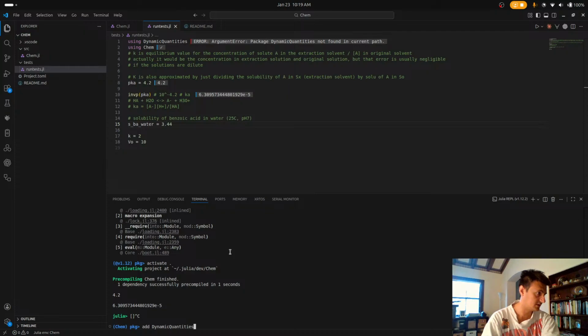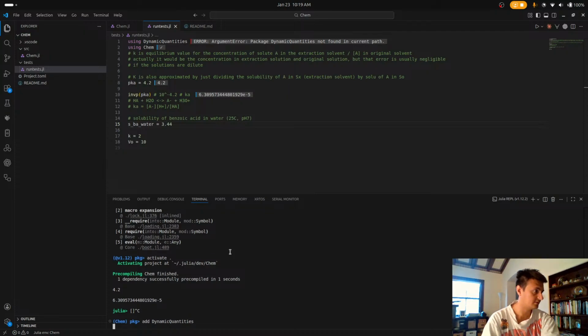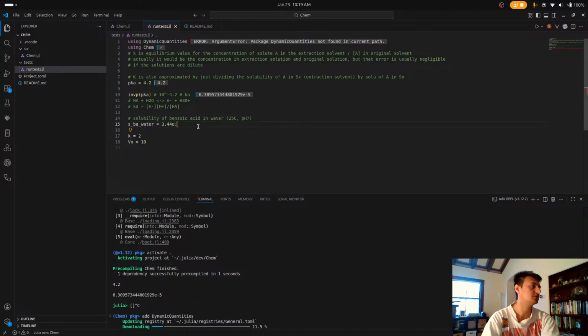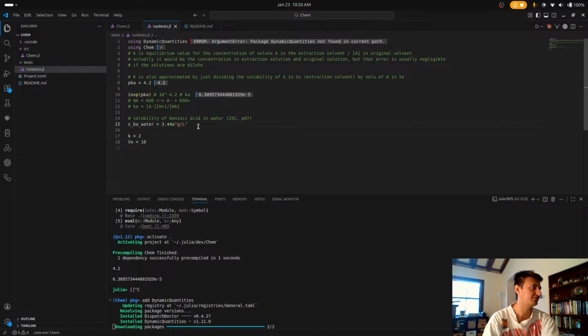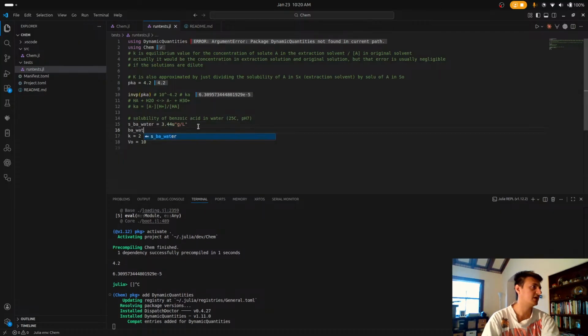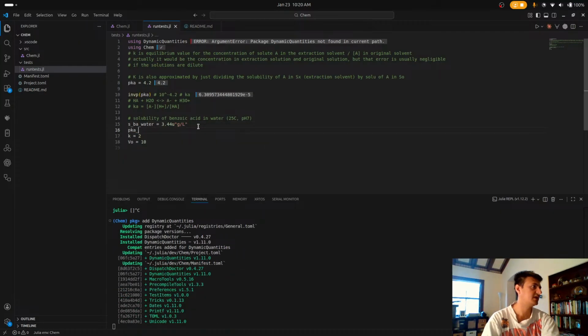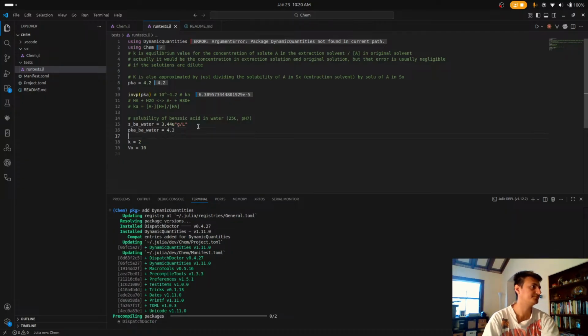Quantities. And this is going to be grams per liter. And so then the pKa of BA in water is equal to 4.2.